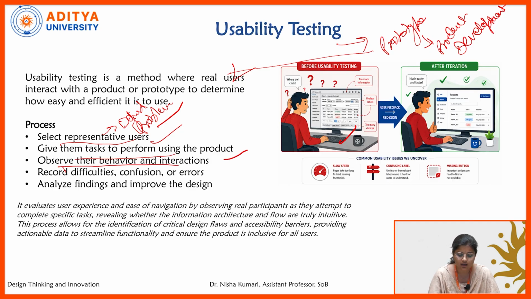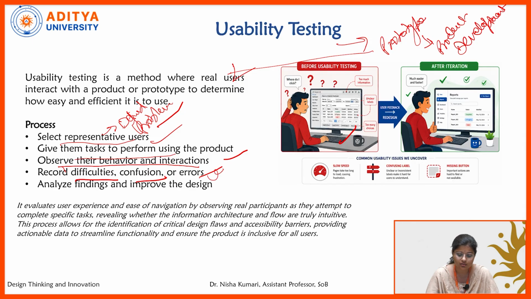We observe their behavior and interaction while they are using the product or service. We check whether they are facing any problem, and based on their experiences, we record the difficulties, any confusion, or any errors they faced while using our product.